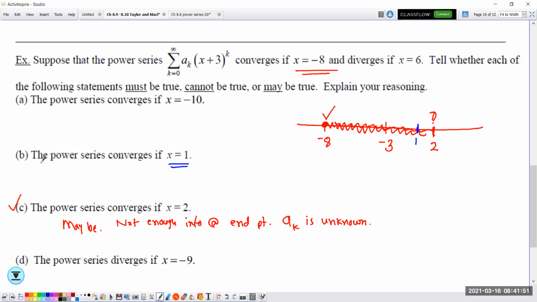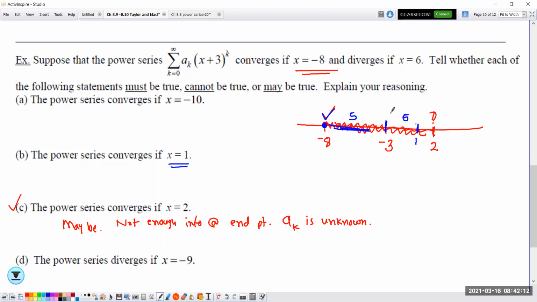Must be, because it's within the radius of convergence. We know for sure, based on the radius of convergence, if the center is -3, you are given 100% that this converges. That means all these converge.